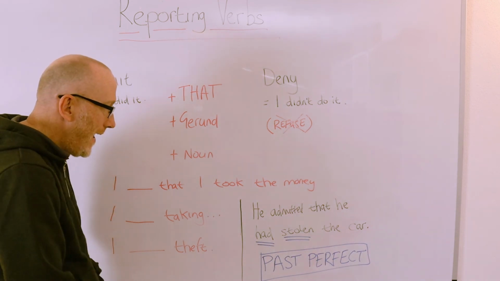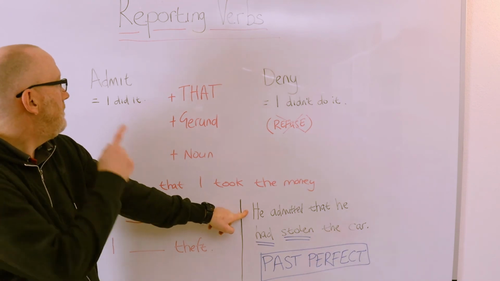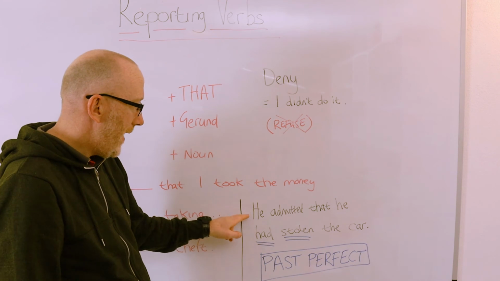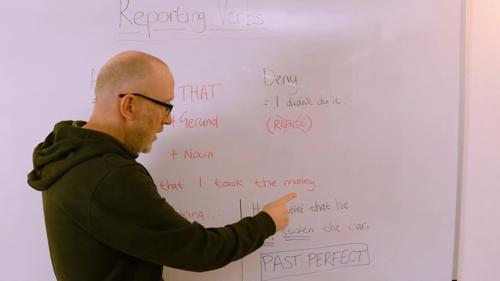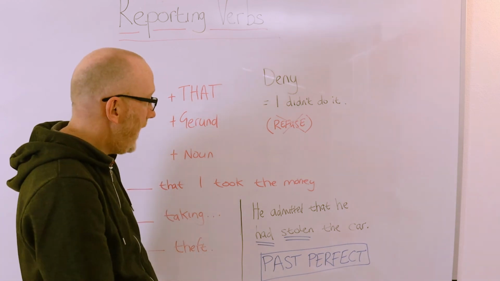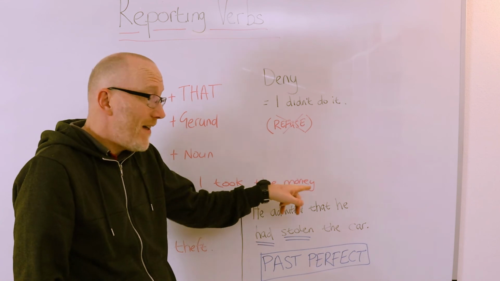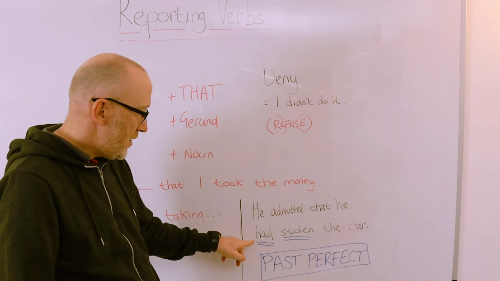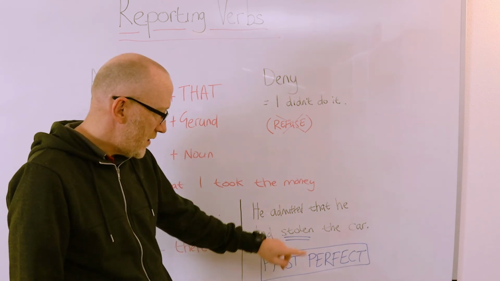Okay. Now, with admit or deny, when you're using that, let's just take a look at the sentence. He admitted that he had stolen the car, or he denied that he had stolen the car. You will notice here that this is using the past perfect, had stolen.